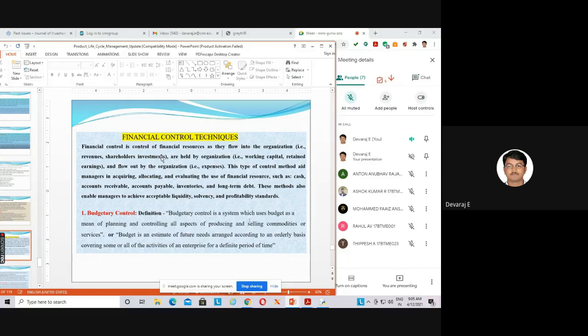This method also enables managers to achieve acceptable liquidity, solvency and profitability standards. What is solvency? Can anyone tell me? What is solvency, students? Anyone?